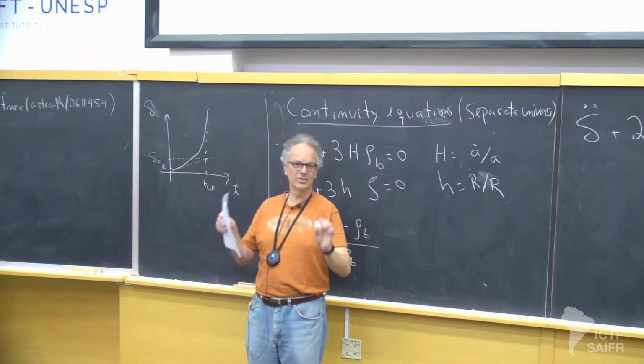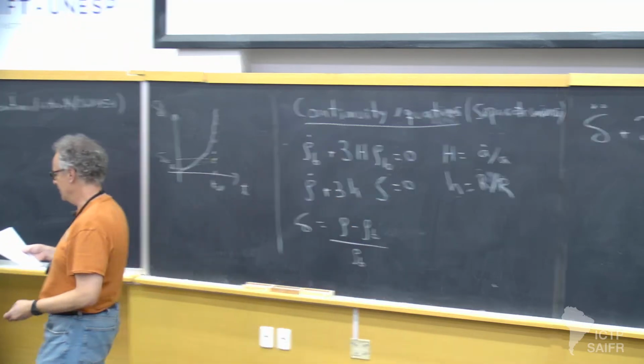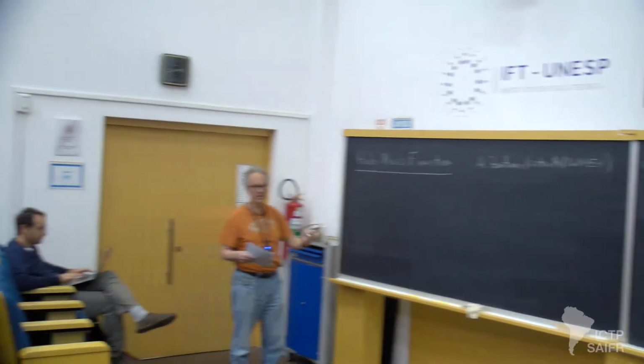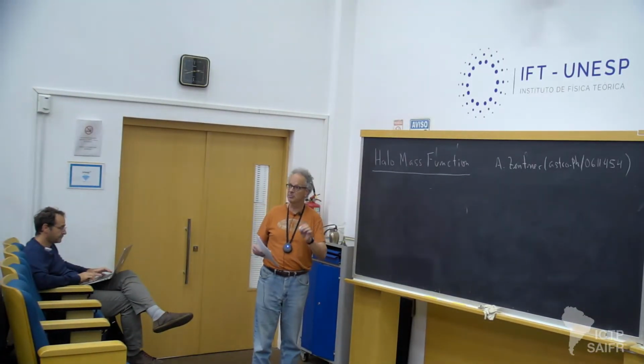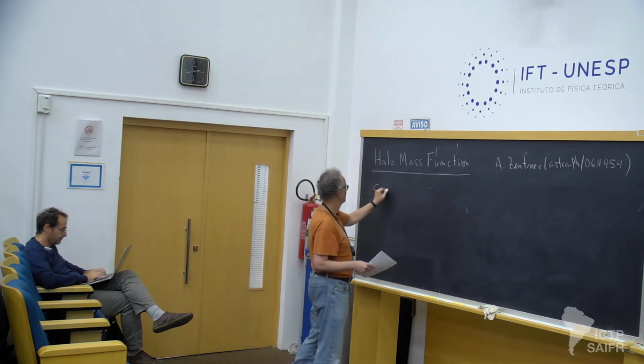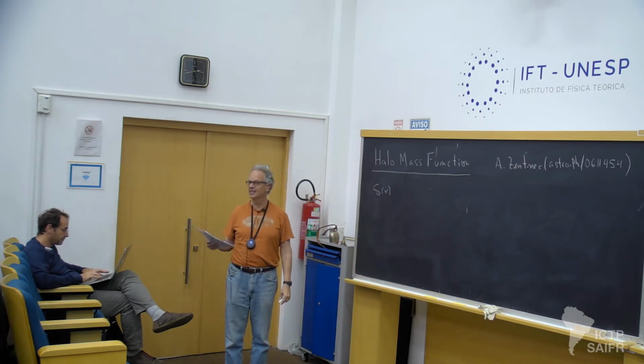So now we're going towards more observational things. The idea that will permeate much of the discussion is that the perturbations are a random variable. This delta of x, this perturbation that we talk about all the time, is a random variable.